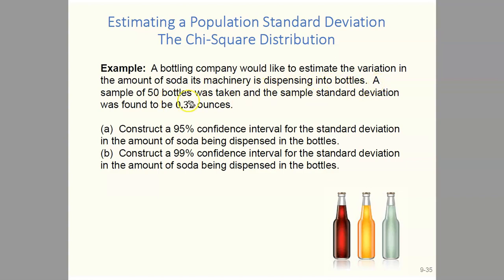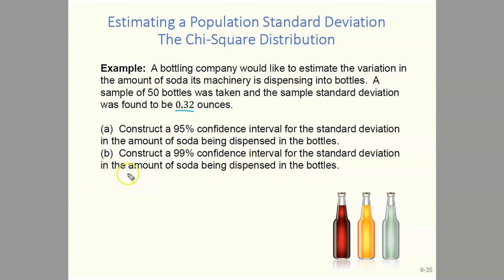A sample of 50 bottles was taken, and the sample standard deviation was found to be 0.32 ounces. Now, we want to answer these two questions. Part A, we want to construct a 95% confidence interval for the standard deviation in the amount of soda being dispensed into the bottles. And part B, we want to construct a 99% confidence interval for the standard deviation in the amount of soda being dispensed into the bottles.